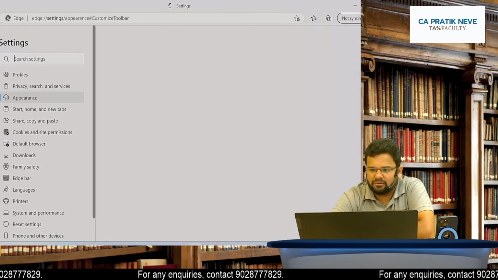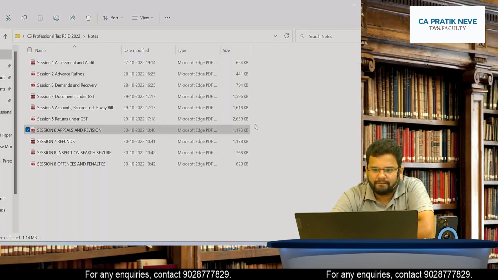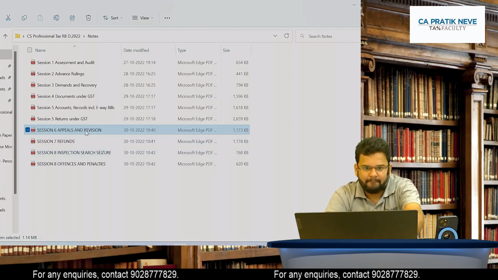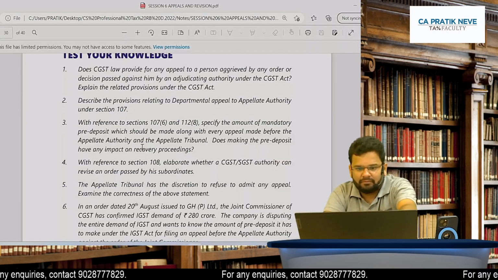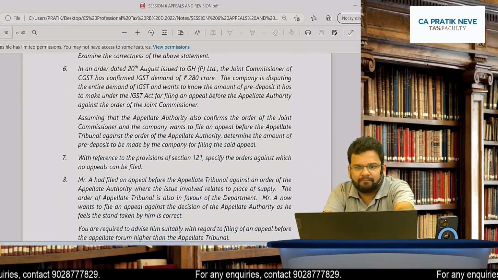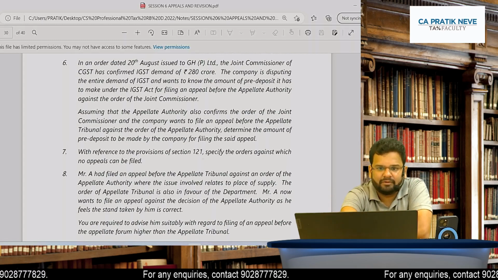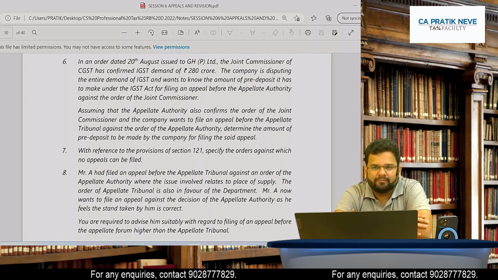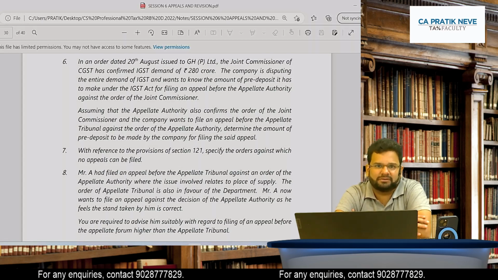Sixth question. Go to the sixth question. Such type of question you will see in the exam for pre-deposit. It's highly probable, because again the institute is not focusing much on procedures.